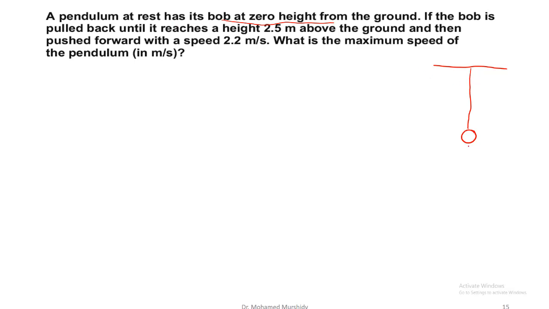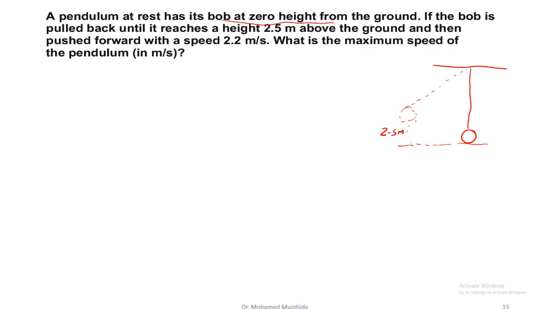So now, when it was at rest, the height is 0. So that should be the level of the height. And then it has been pulled back like that, for example. It becomes here. And that height now is 2.5 meters. The new height of the bob is 2.5 meters.